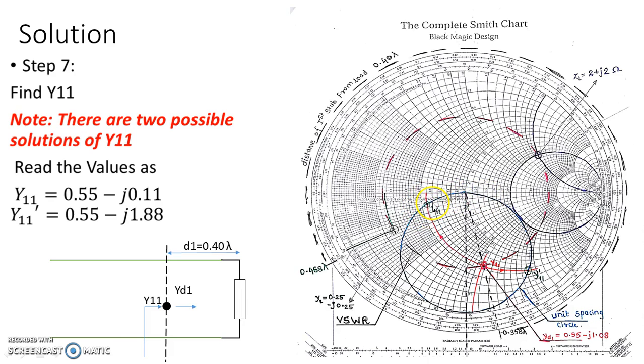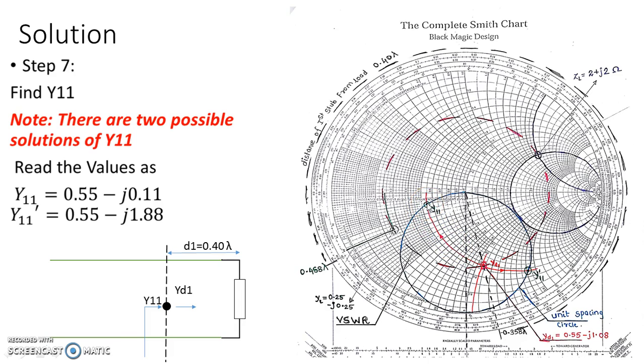that point is my Y11. From YD1, I have freedom of moving in two directions. Either I can move upwards like this, or I can move downwards like this. So there will be two values of Y11. One I name as Y11 and the second I name as Y11 dash. Because I am moving on the same conductance circle, the real part will be the same as that of YD1, which is 0.55, but the reactive value will change.